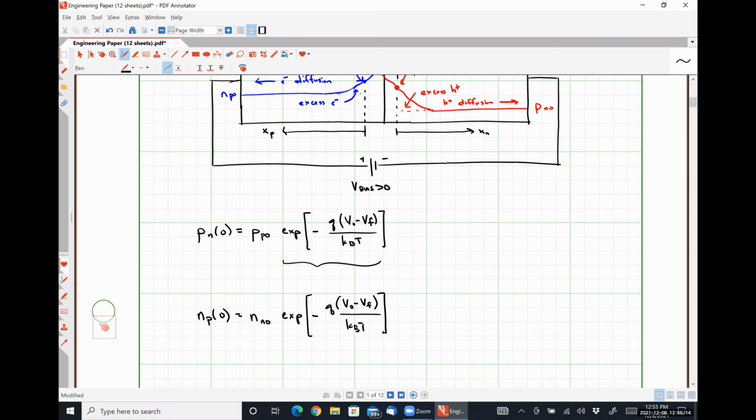All right. Now, what's pretty great about this is that we can simplify this, oh, sorry, this shouldn't be VF, this should be V bias. Sorry, I'm mixing things up.